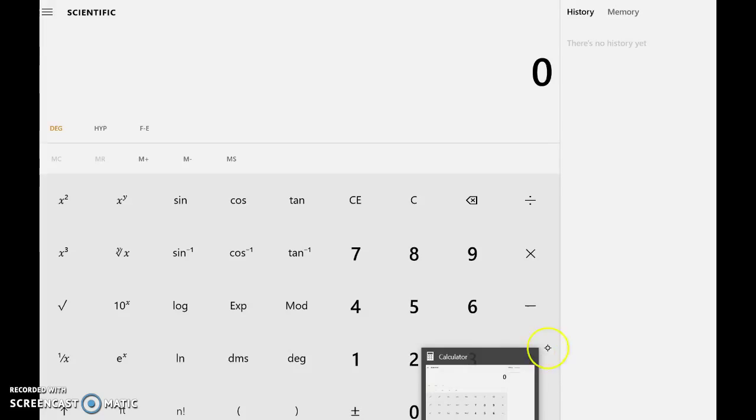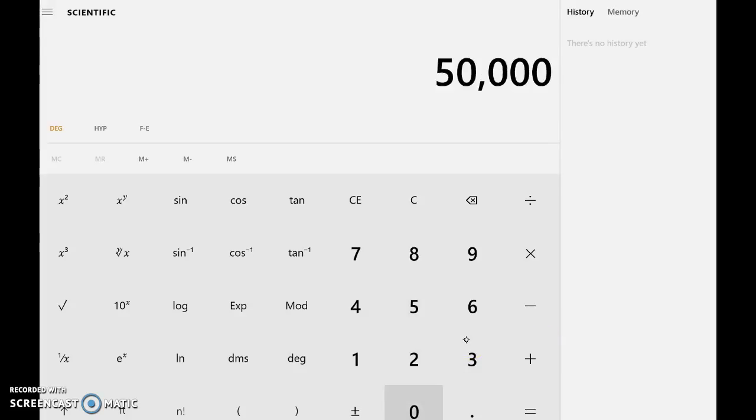So we have 500,000 times 13 plus 5 million equals 11,500,000.